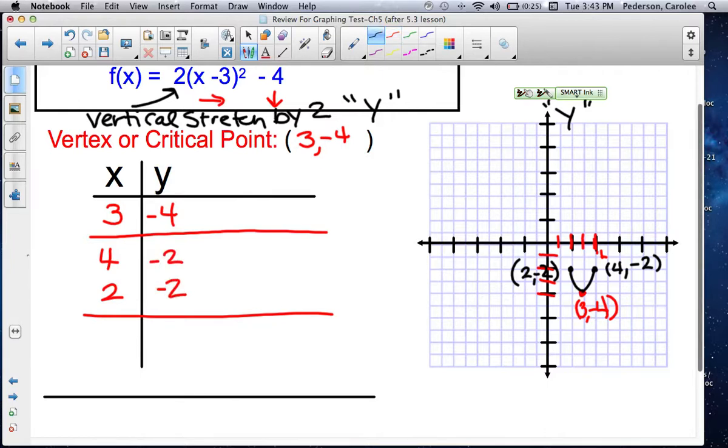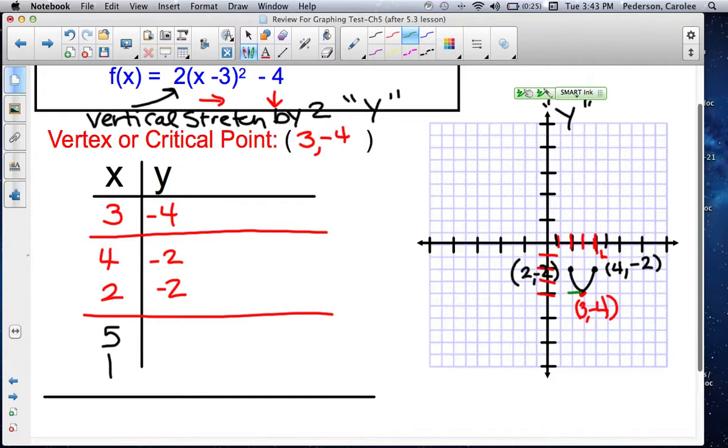All right. Now we're going to go ahead and move 1 more right and 1 more left. So now we're at 5 and 1. Remember, we're stretching it by 2. So normally it'd go up by 4 from the vertex. Now it's going to go up 4 times 2, which is 8. So we're going to move 8 units from the vertex.